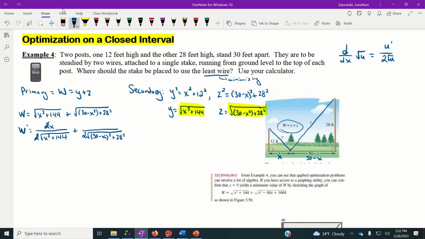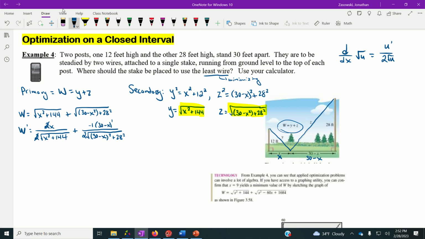All right, and we take the derivative by the chain rule. So once again, the derivative of what's inside. The derivative of 28 squared is just 28. And the derivative of this is going to be essentially just negative 1, because that's the derivative of what's inside this. It's like a double chain rule. So the derivative of what's inside is just this 30 minus x to the first times the derivative of this 30 minus x, which is negative 1.